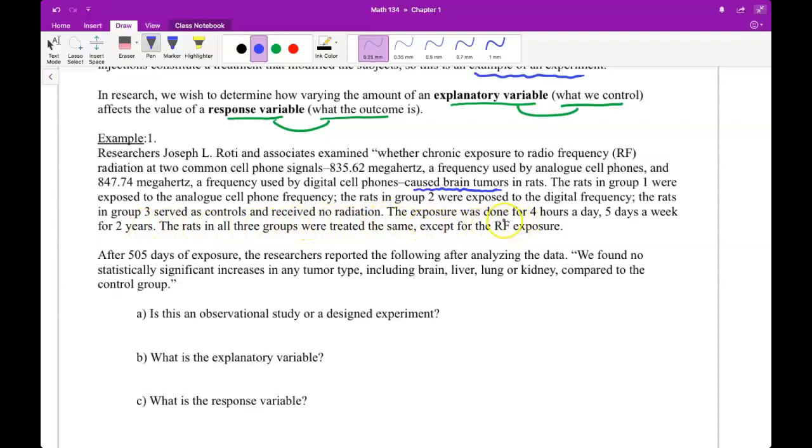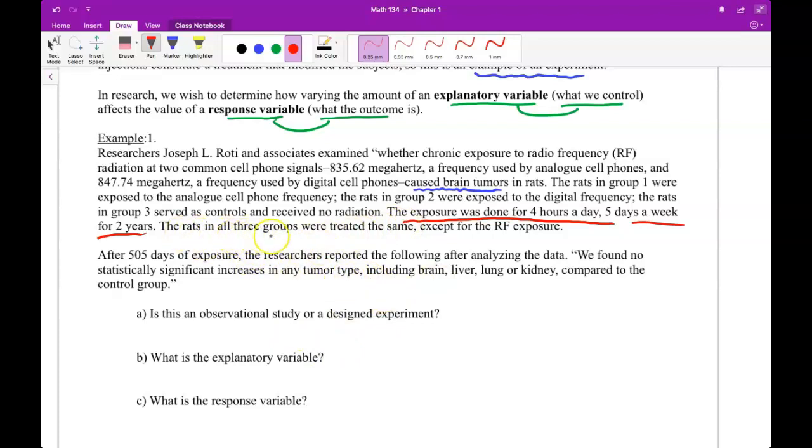The exposure was done for 4 hours a day, 5 days a week, for 2 years. So this is some kind of treatment. They apply this treatment, that's why this should be an experiment.